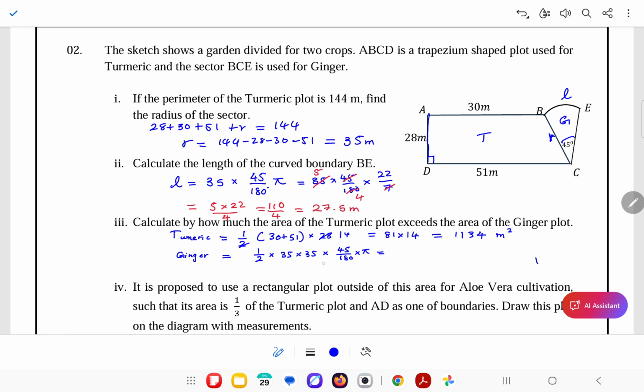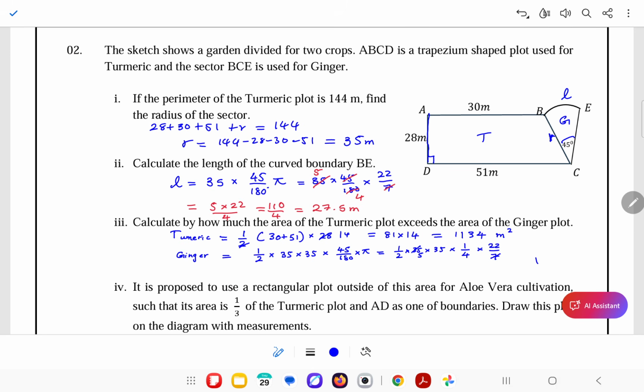So simplify. 45 and 180 cancel into 1 over 4. So half into 35 into 35, 1 over 4. Pi is 22 over 7. Let's simplify.